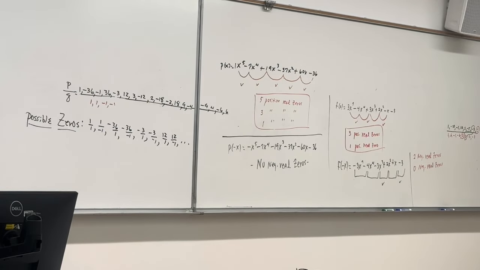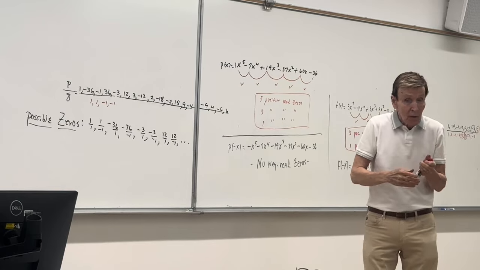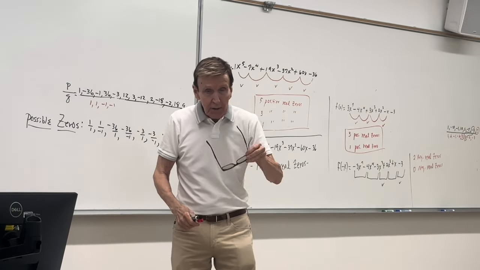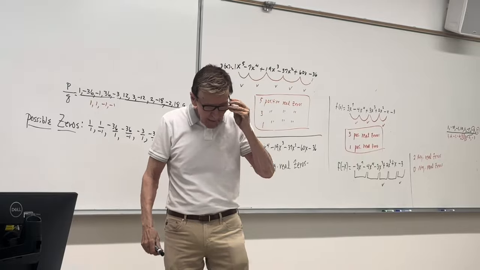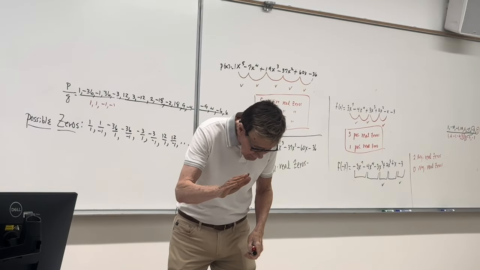Okay, now, I didn't list all of them. Does anyone have a favorite coming out that you might say, Professor, it's just calling me that it works, that it is a zero of this crazy thing? 9 over 1, 9. I'm going to tell you, just save us a little time here, Eric. 2 over 1. Hang on, I did my homework.